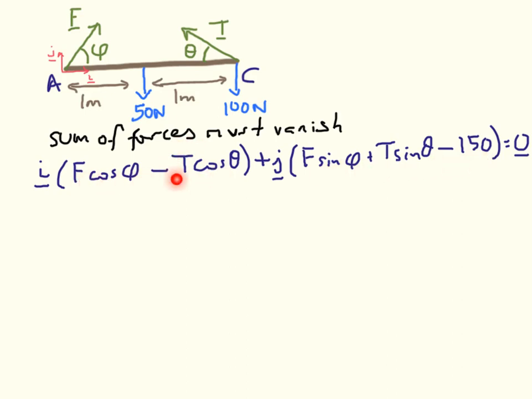Remember, we know what the tension is and we know what the angle theta is, so our unknowns are F and phi.